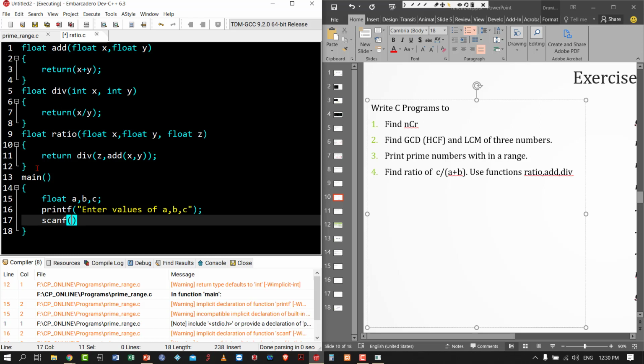Scanf. Since all are float, I am using %f, comma ampersand a, comma ampersand b, comma ampersand c.